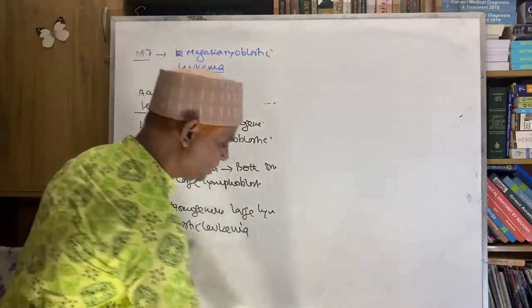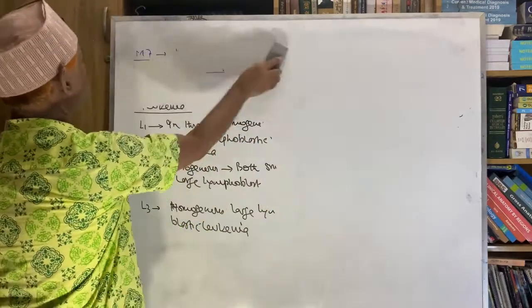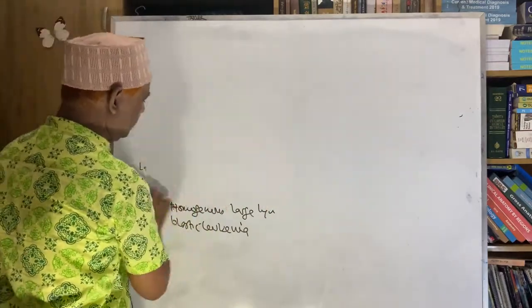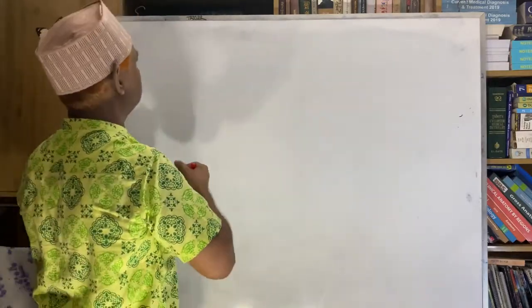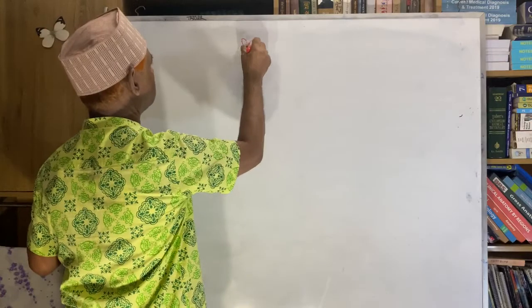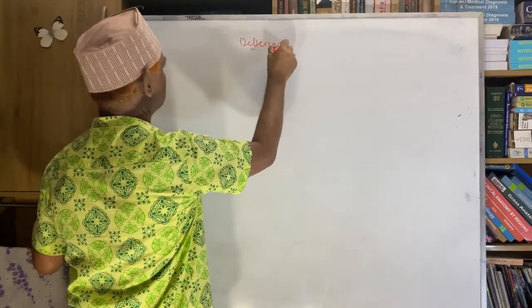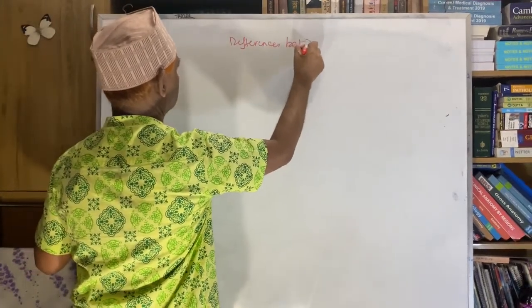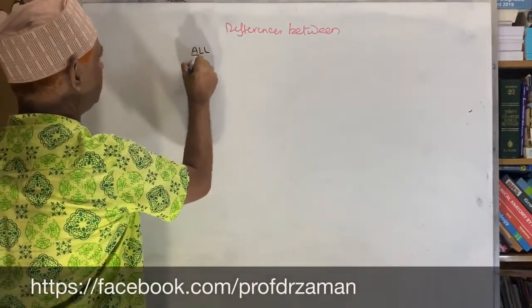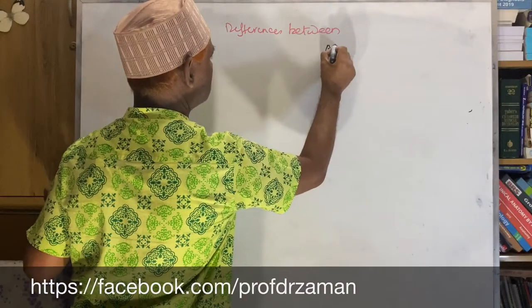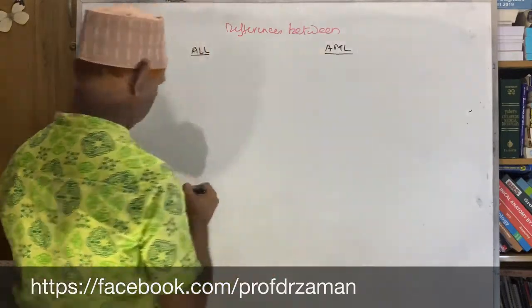So how can we differentiate between acute myeloblastic leukemia and acute lymphoblastic leukemia? Now come to differences between acute lymphoblastic leukemia and acute myeloblastic leukemia.